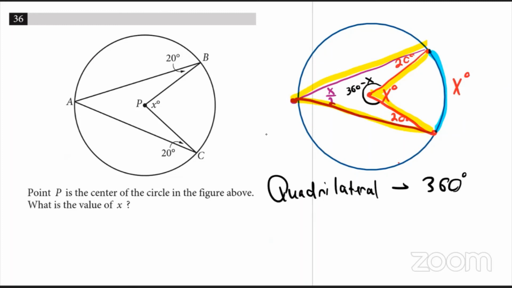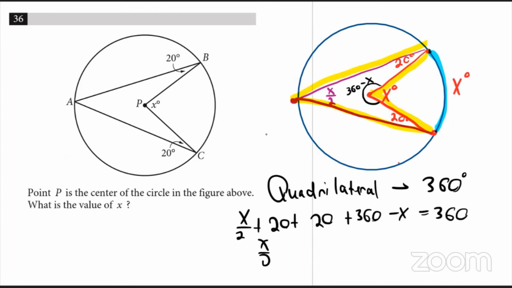A quadrilateral has 360 degrees. So now we can say x over 2 plus 20 plus 20 plus 360 minus x equals 360. Combine like terms. Plus 40 plus 360, so that'll be 400.